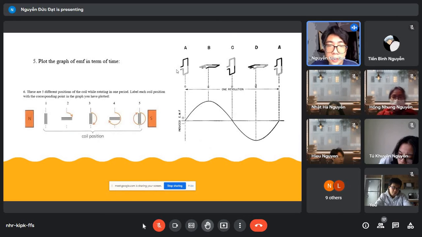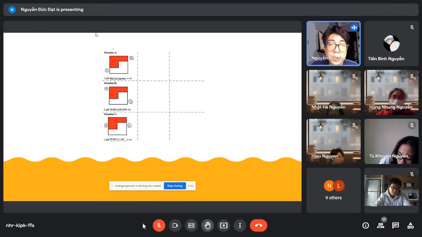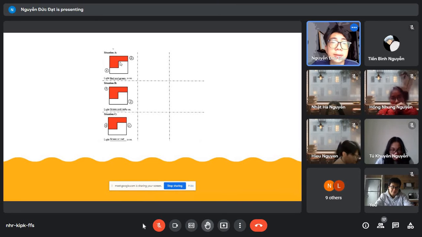Now we will look at the model here. So this is the slip rings. They are not just simply circle rings, right? The two rings combined will create a cylindrical surface, but each of them is only a part of the cylinder, and they are not connected to each other, right?